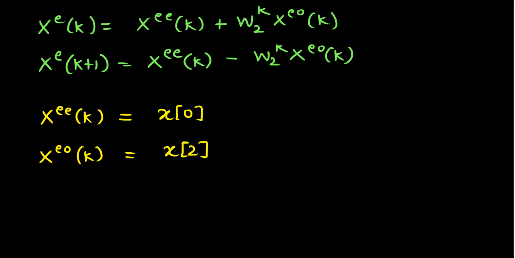So we have it like this: Xe of k is equal to X even-even k plus W2 to the power k into X even-odd k, and this Xe of k plus N/2.